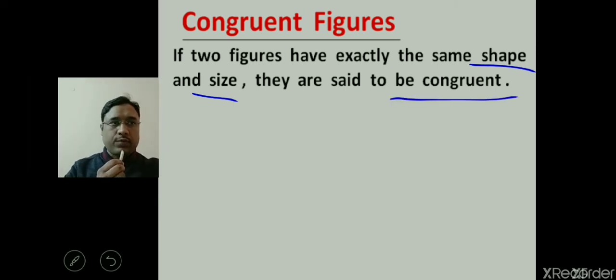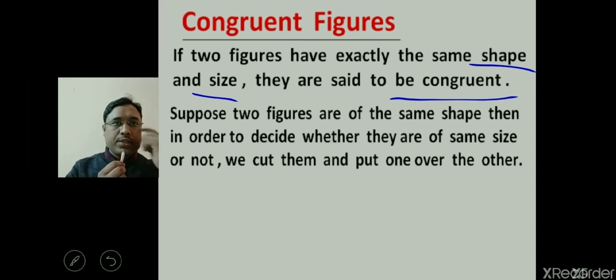For example, suppose two figures are of the same shape, then in order to decide whether they are of the same size or not, what will you do? We cut them and put one over the other. This process is called superposition.